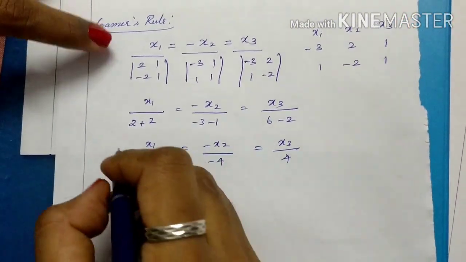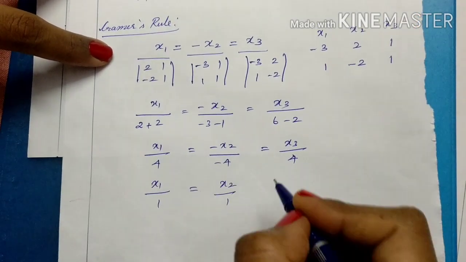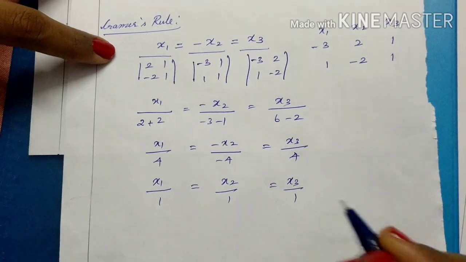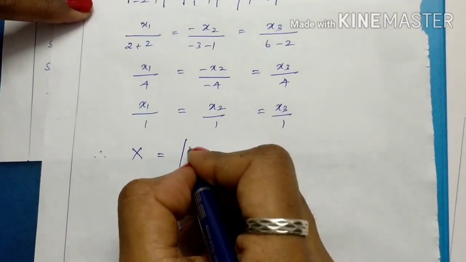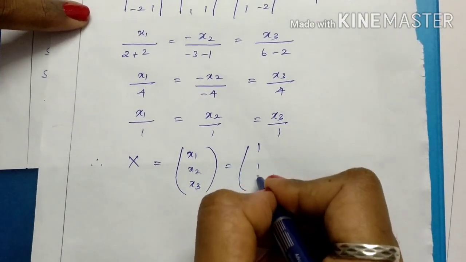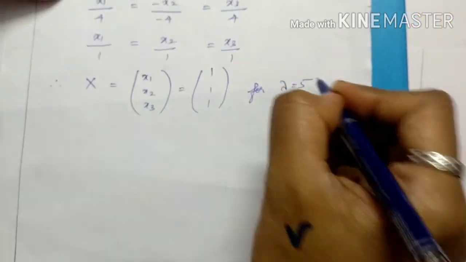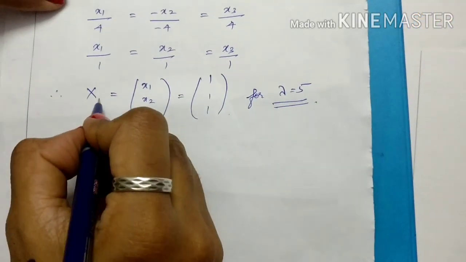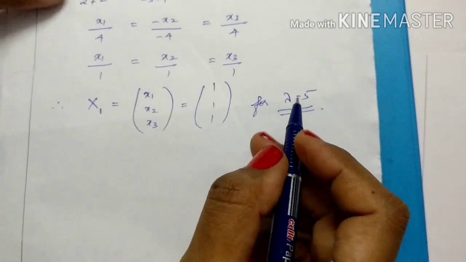Since all are 4, we can divide by 4, so I'll be getting x1 by 1 is equal to x2 by 1 is equal to x3 by 1. So therefore my x vector, x1, x2, x3, is nothing but 1, 1, 1, for lambda is equal to 5. This is my first eigenvector corresponding to the eigenvalue 5.